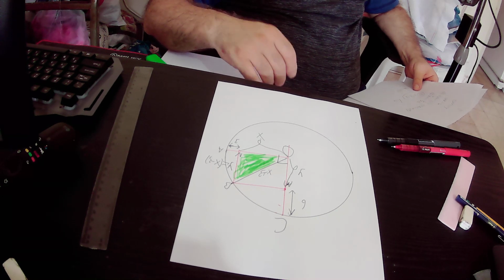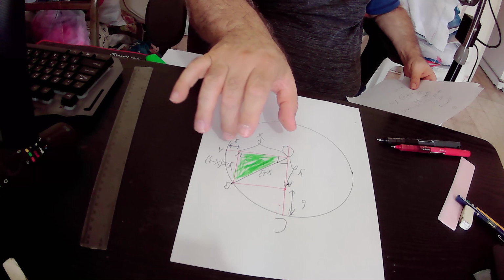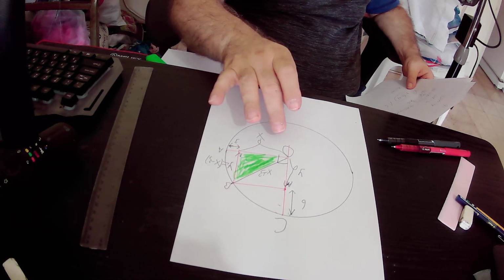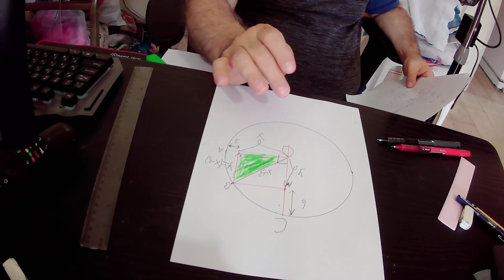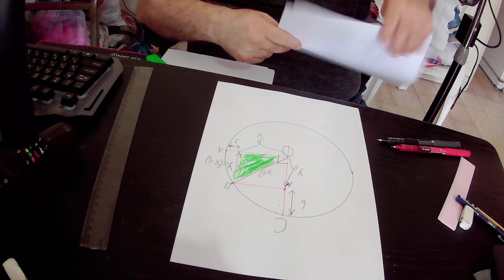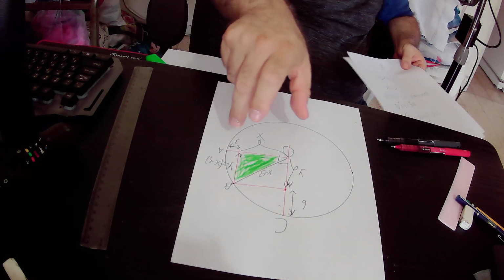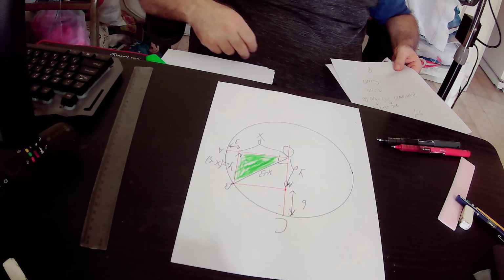Actually, we know that OA equals OC, because both of them are radii of the circle, since point O is the center of the circle. So we have equation number 1 that states OA equals OC.